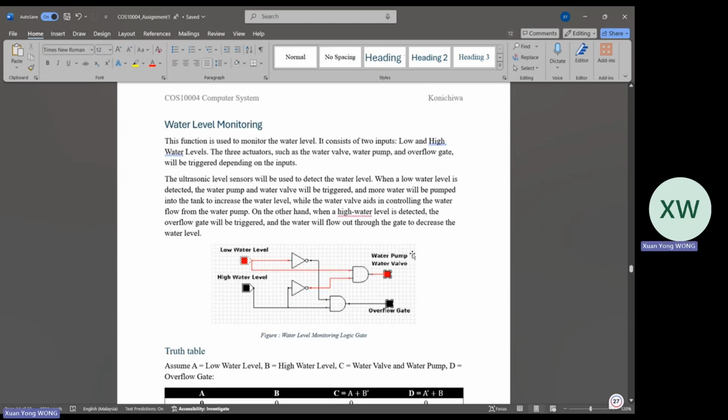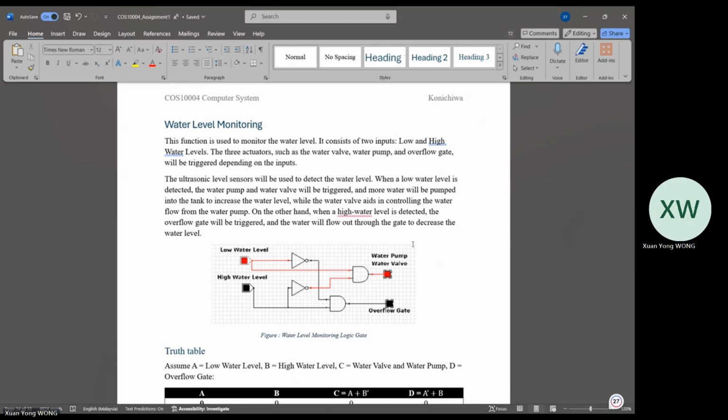Finally, there is the water level monitoring function. For the water level monitoring function, we're using water level sensors to detect the water level. If the water level is lower than the average, then they will open the water pump and water pipe to pump in the water.